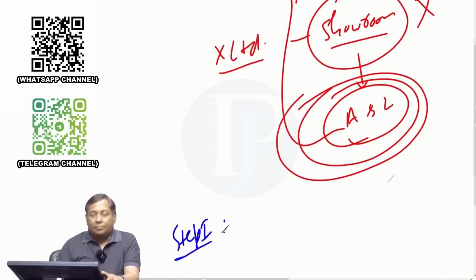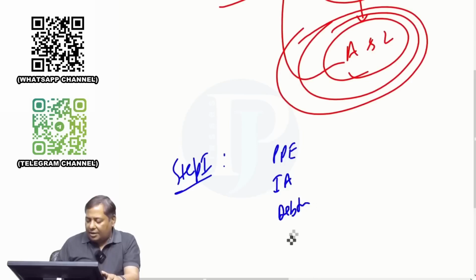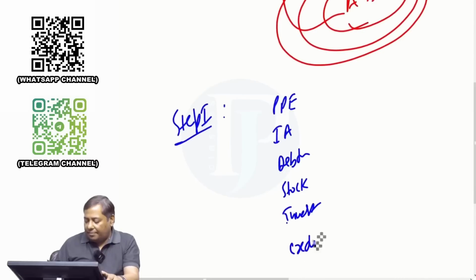First step. In this disposal group, no matter what asset is in it, let's say it has PPE. Just for the sake of an example, assume that it has intangible assets, debtors, stock, investments, and creditors. Understood? This will be its net figure.